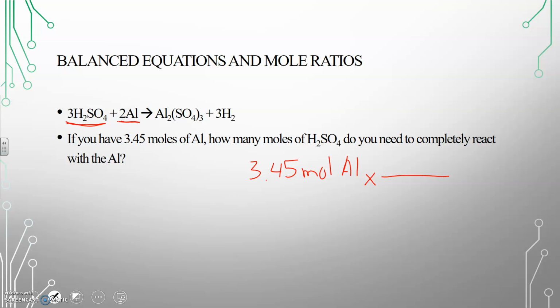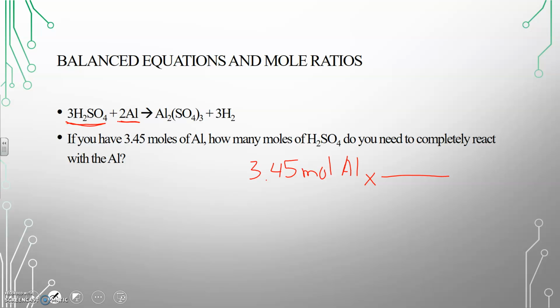So we have a 3-to-2 ratio. But which one is going to go on top and which one is going to go on bottom? I always remember by saying the one I'm going to goes on top, the one I'm coming from goes on the bottom.